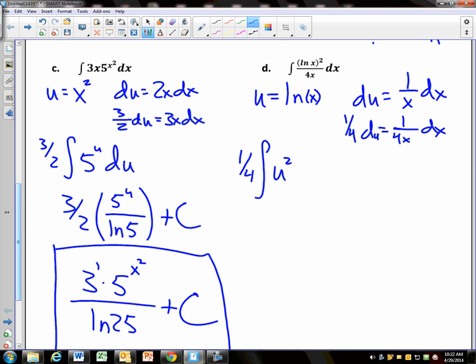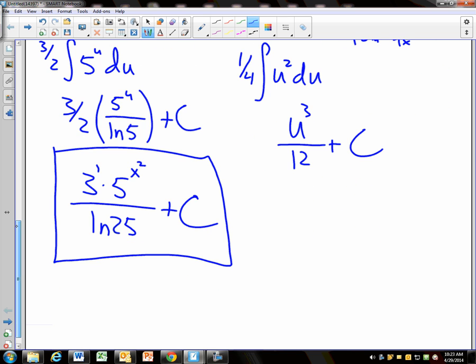Anything in the bottom? No. Yeah, that's kind of cool. Antiderivative of u squared is u to the 3rd over 3 times 1/4 is u to the 3rd over 12 plus some constant.